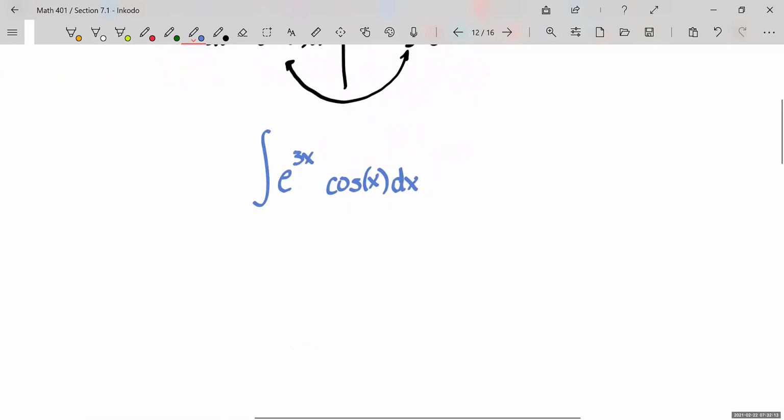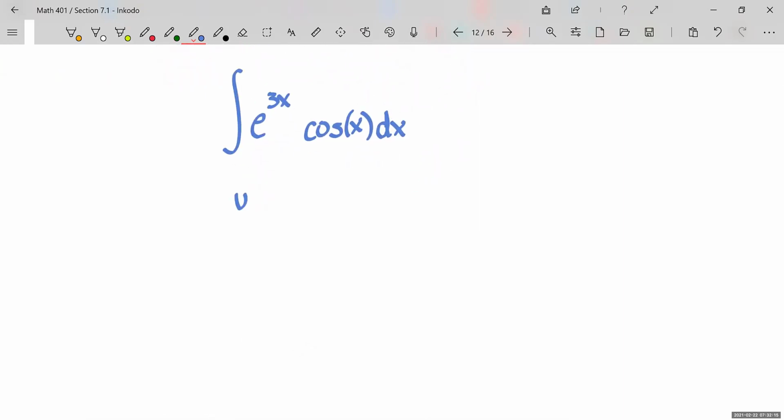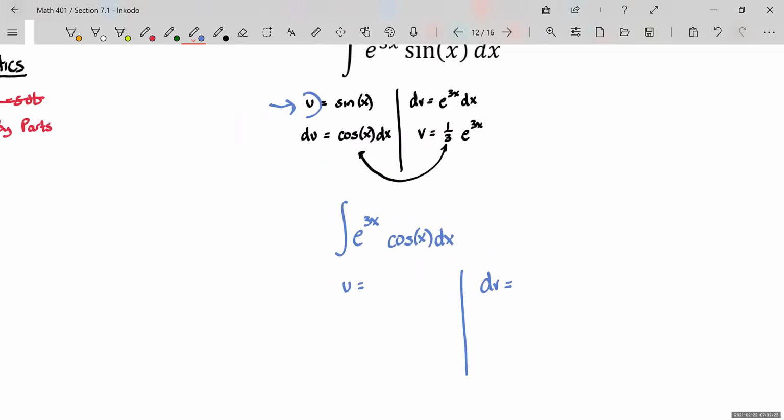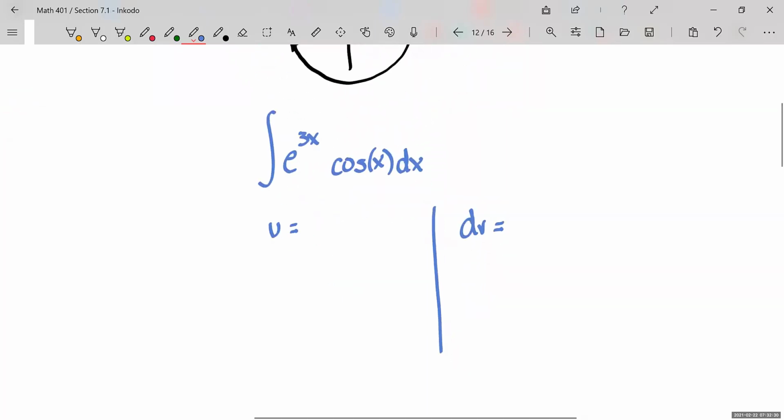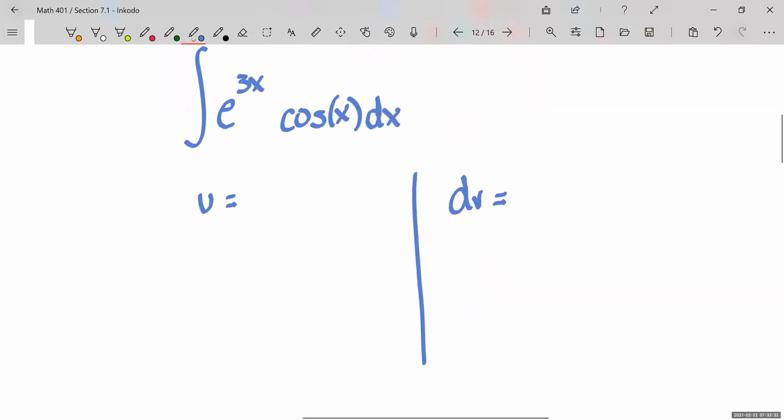Here, when I do my by parts method, I'll abuse notation a little bit and put u and dv, even though technically they're different u's and different dv's. Actually, the dv is going to be the same, but the u is not. So what I'm going to choose for u is the same style of function as I did before, the same trig function. And therefore, the dv is just going to be e to the 3x dx.